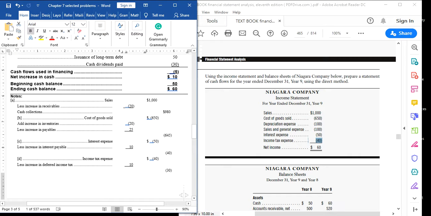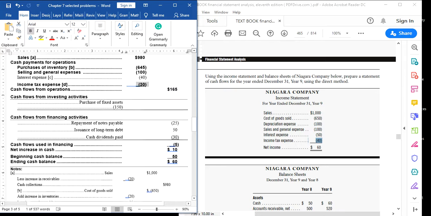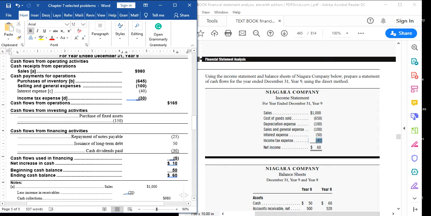So out of 40 tax, we paid 30 in cash, not more. Okay, and the sum of cash flows from operations is 165, summing all these items over here.